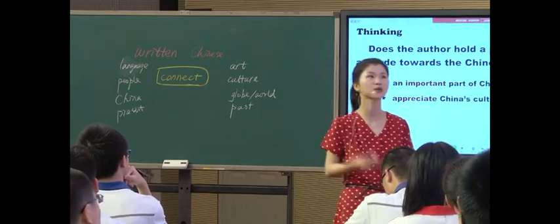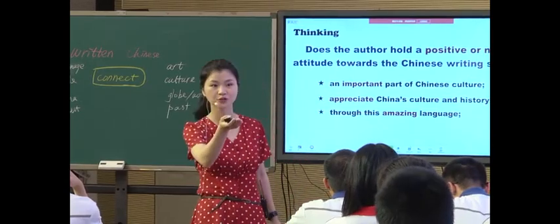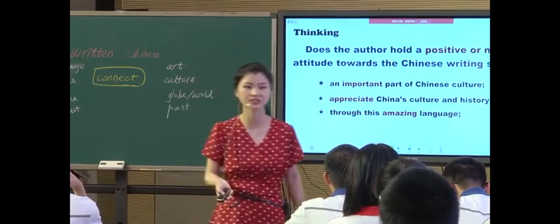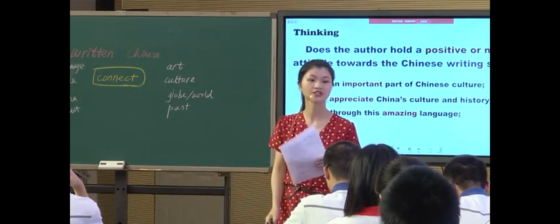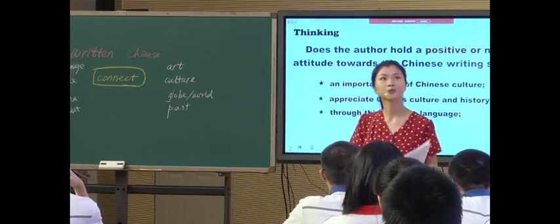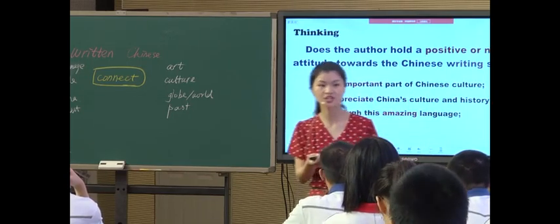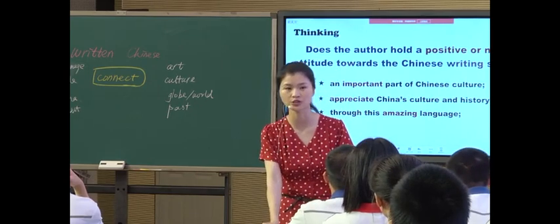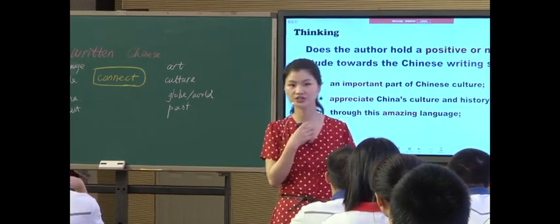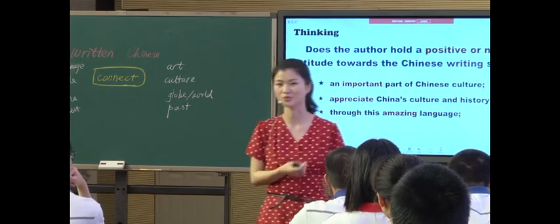And then we have "appreciate", we have "amazing", and your first paragraph is also very persuasive. One of the main factors that helped our Chinese civilization, right? So we can see, based on what we learned, that written Chinese carries our culture and history wherever it goes. So I think we students should better understand our language, then we can better promote it, right?